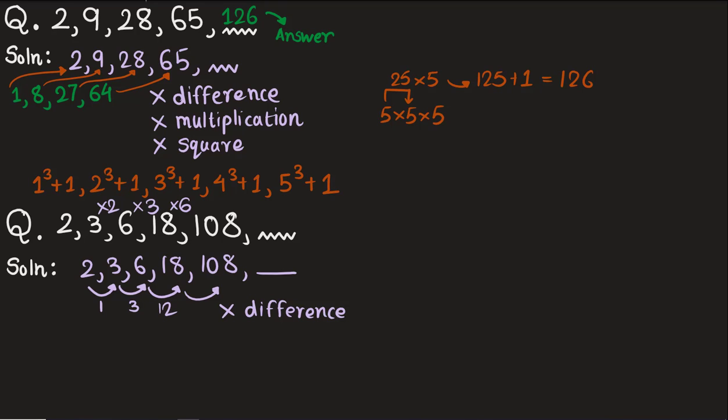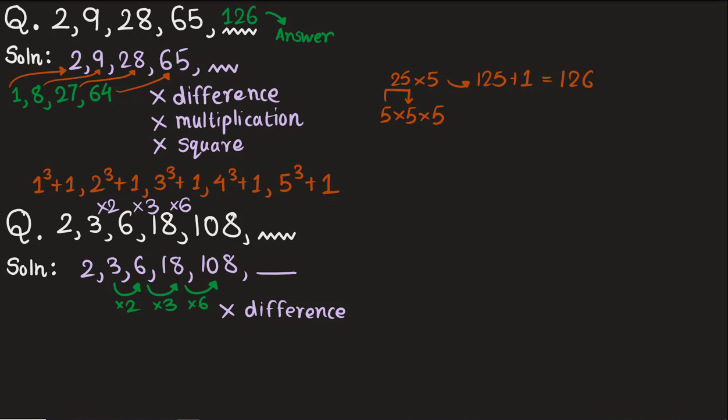So let us write a series down here, and let us write a relation here, that this is multiplied by 2, this is multiplied by 3, this is multiplied by 6, because 108 divided by 18 would clearly give us 6 with 0 as a remainder. So clearly we can see that 108 is divisible by 18 and it is multiplied by 6.